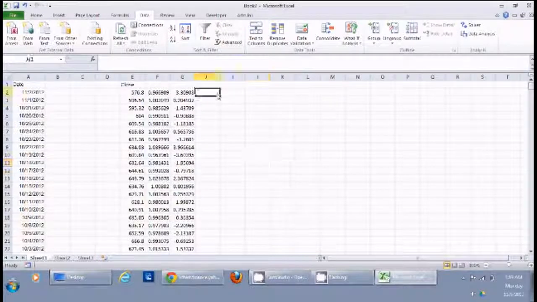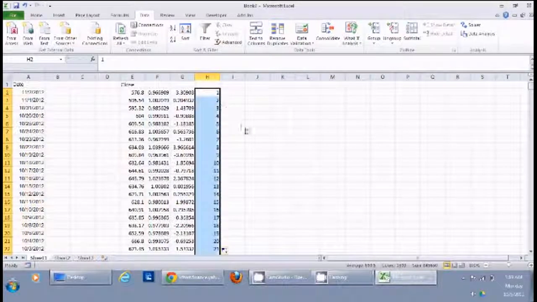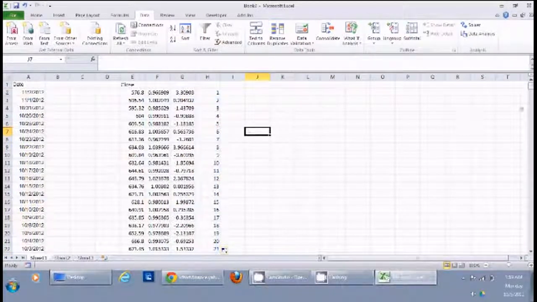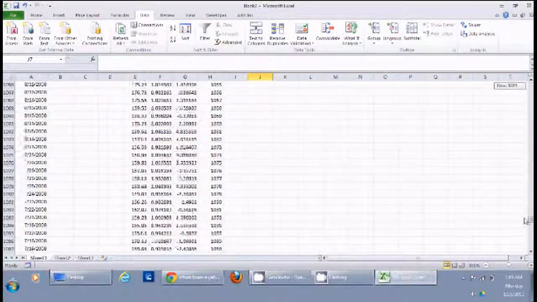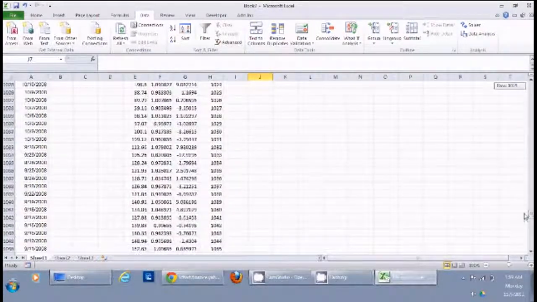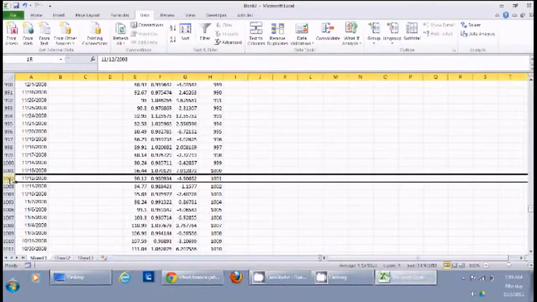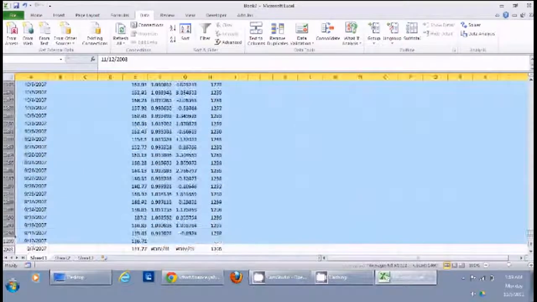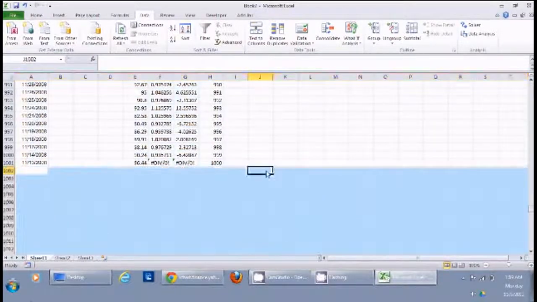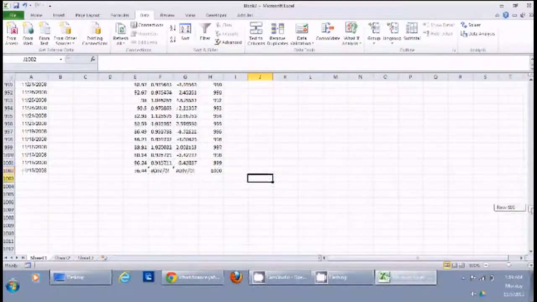Now let's count how many data points we have. I say 1, 2, and then select and click like this, and now let's take only the first 1000 data points. I'll go down to where my 1000 data points are complete, and get rid of all the other data points. So now I have a total of 1000 data points.